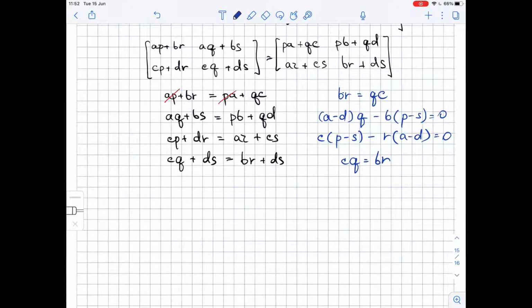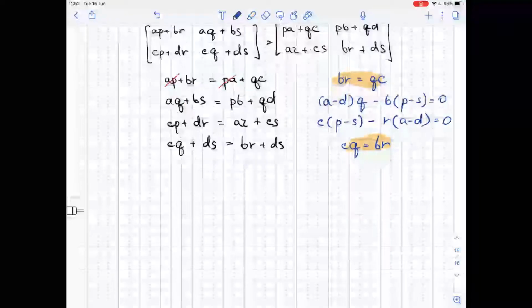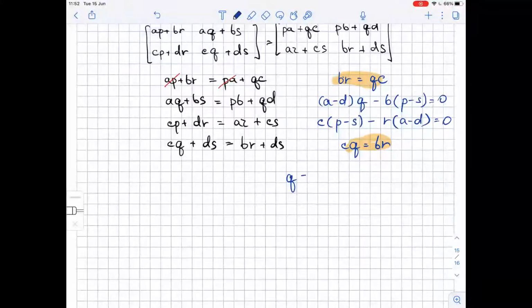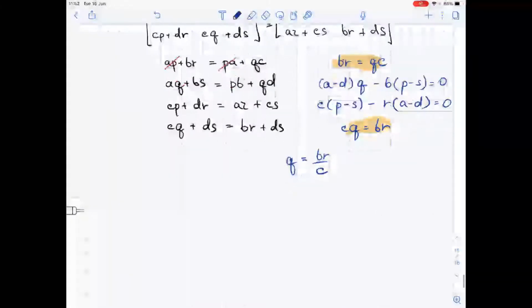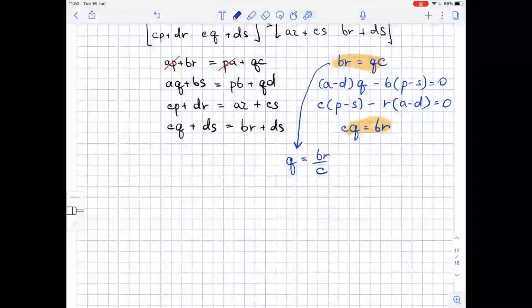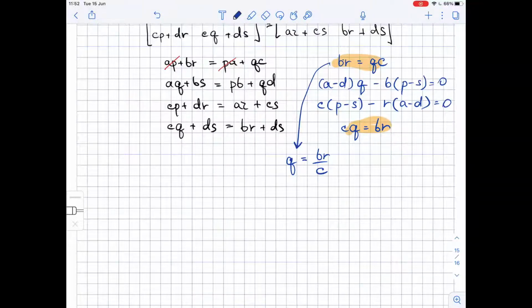So from equation 1 and equation 4, from these two equations, we get that q equals br over c. So we get this from this equation. And now we will substitute it in equation 2.